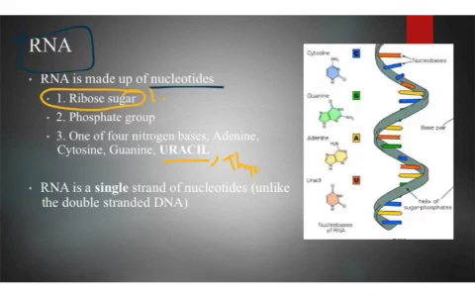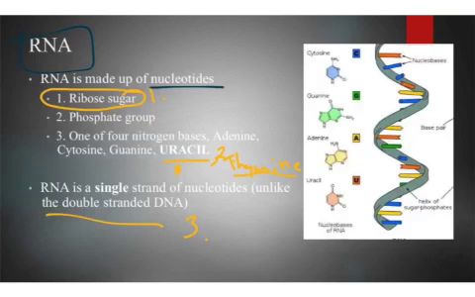DNA has a thymine, and remember that's signified by a T. So thymine would be in DNA. RNA has uracil. Now RNA is also a single strand of nucleotides, unlike double-stranded DNA. So that's difference number 3, and the uracil being difference number 2.